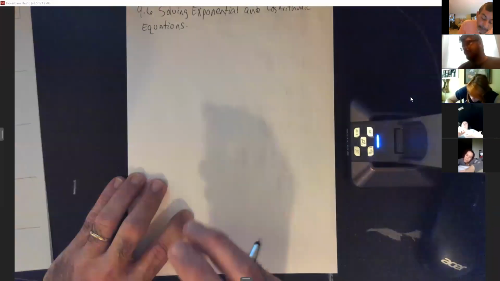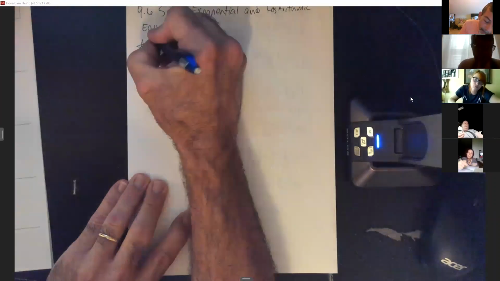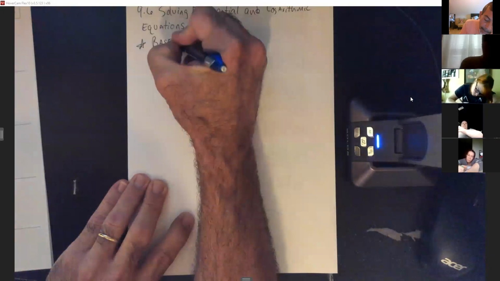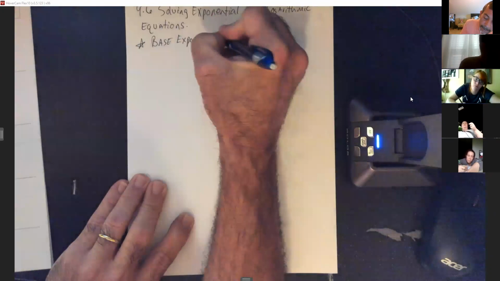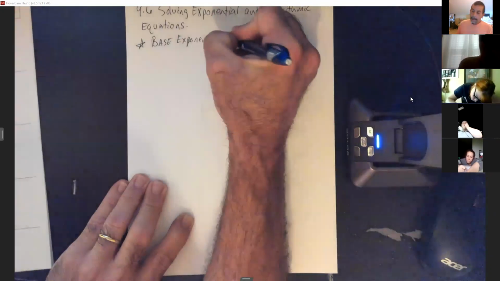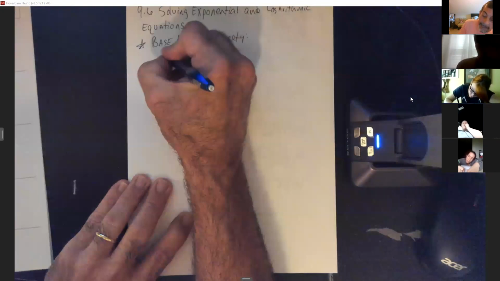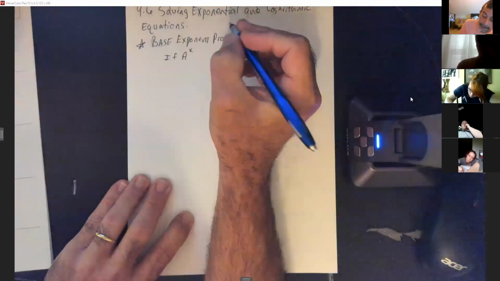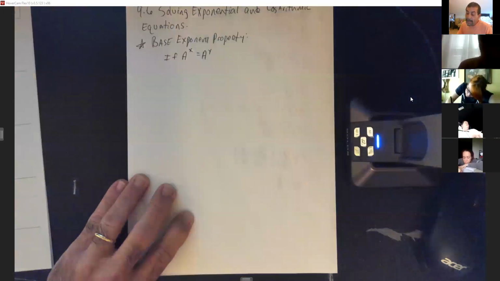So the first step, the little property I'm going to show you, is what we call the base exponent property. This tells me if a to the x equals a to the y, notice the bases are the same.